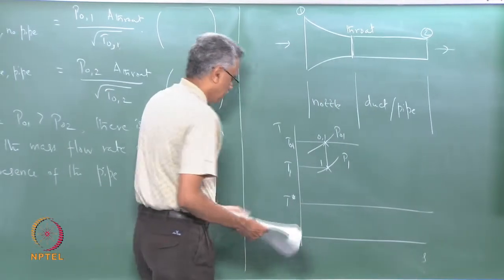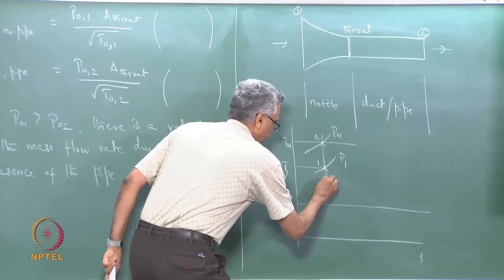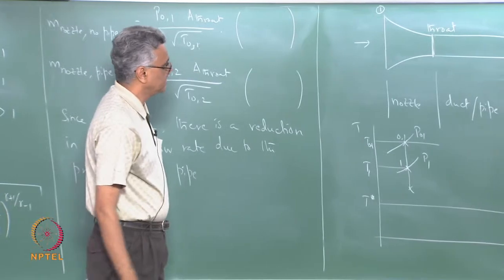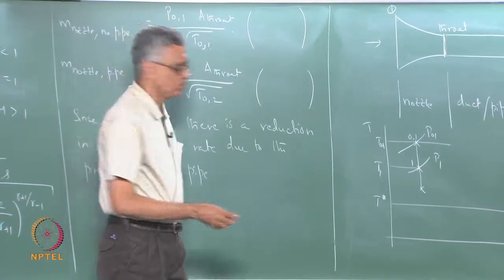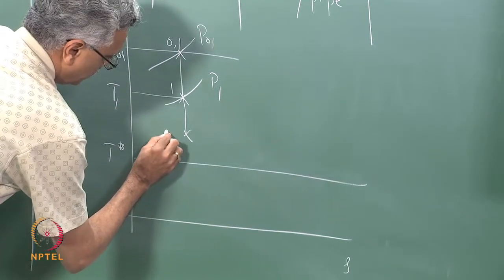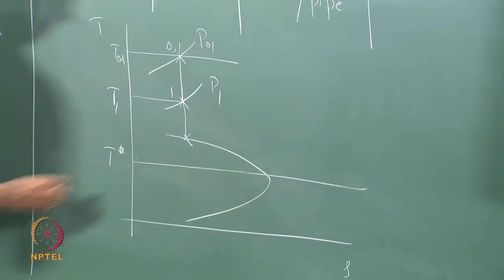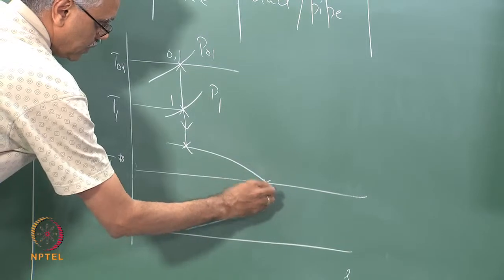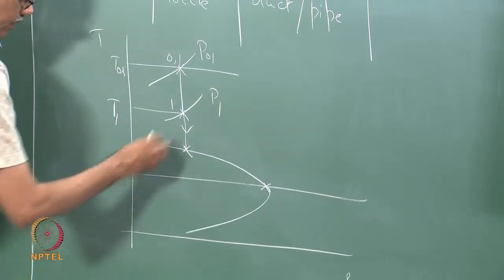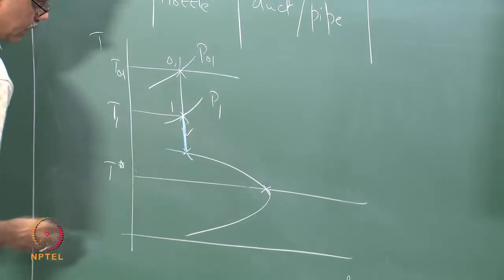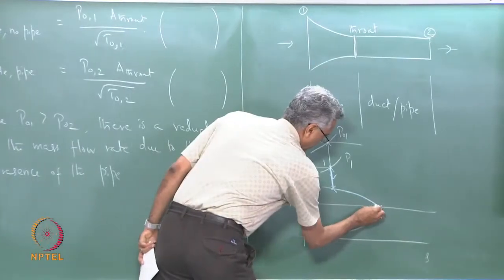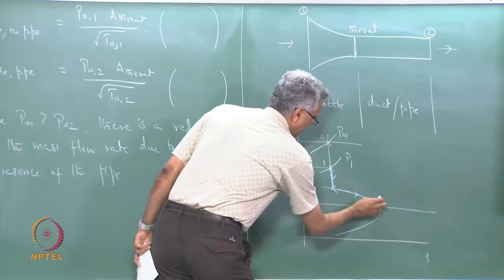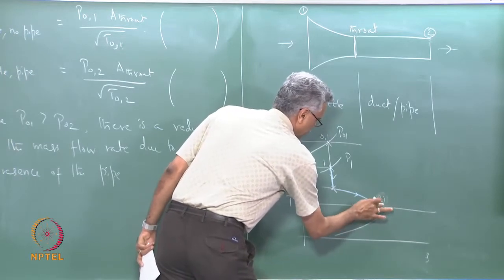So, which means that the process line follows something like this. This is my throat, I come up to here and then I get on to a Fano curve which looks like this. So, I go from here to here, this is my throat section, and then perhaps I go from there to there, and this could be state 2 or state 2 could be anywhere else, that is also possible.